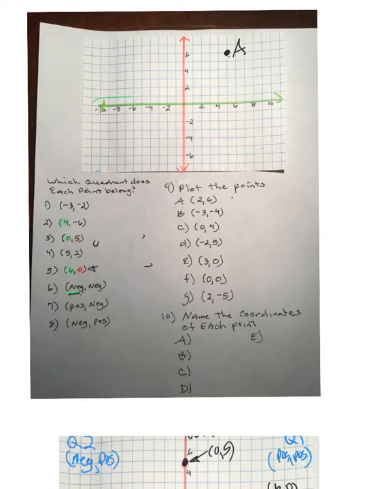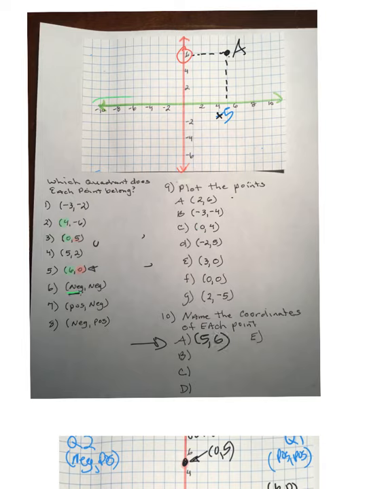What would be the coordinates of letter A? You want to identify the input first, so you want to go down and see what the input is. The input is, I'll put it in blue, -5. Then you want to go over with your eyes and figure out what the output is. So the output is 6. You have an input of -5 and an output of 6.